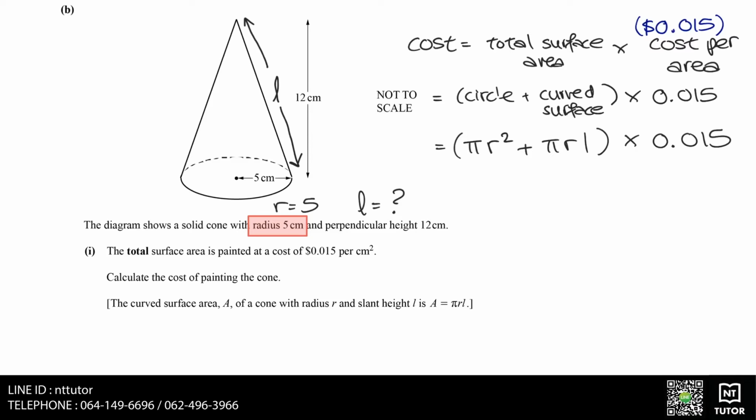The slant height of any cone can be found by imagining a right-angled triangle inside the cone with the radius as one side and the perpendicular height as the other side.